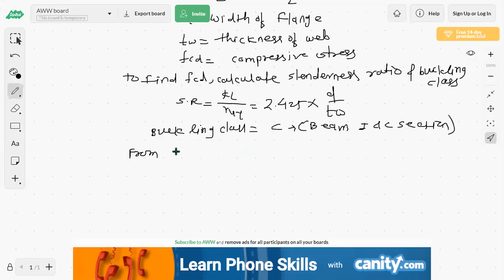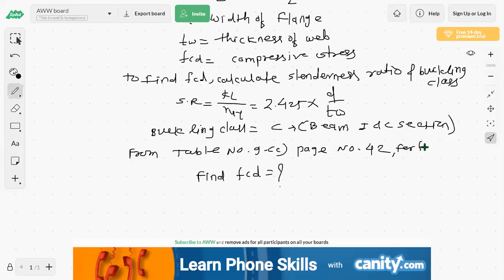From table number 9C, page number 42, find FCD value with the help of slenderness ratio and buckling class for Fy equal to 250 MPa.